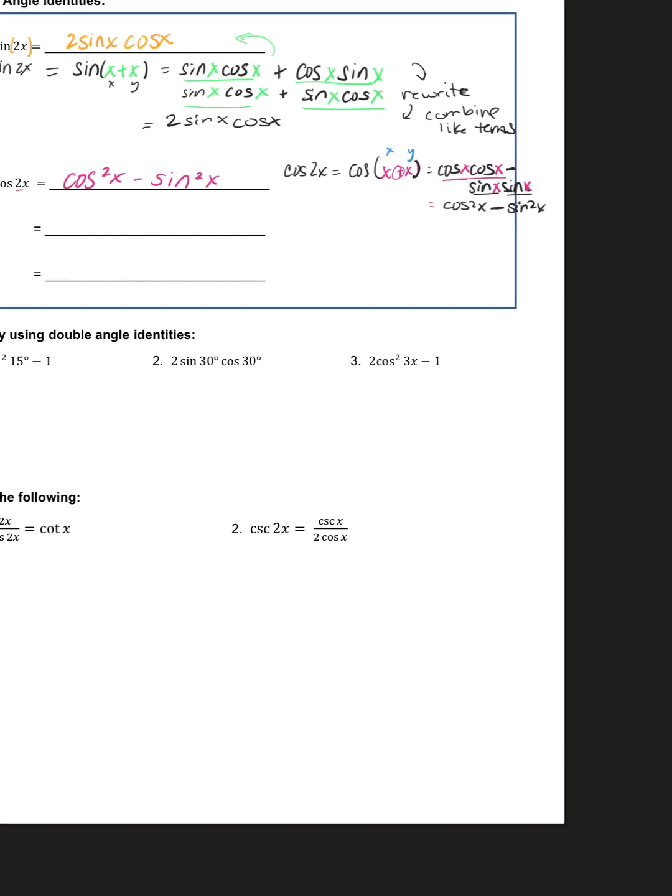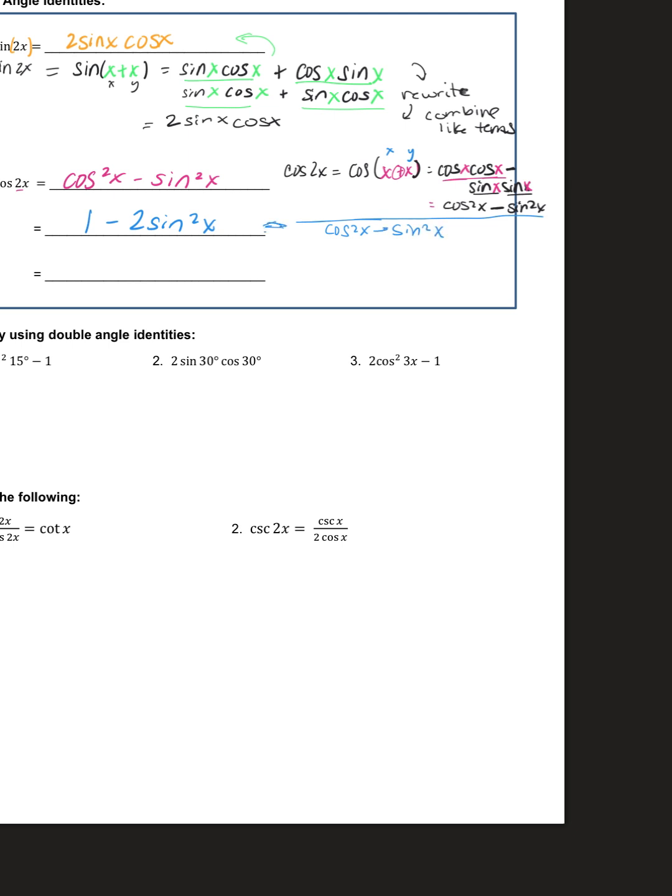Now, the next one we have is 1 minus 2 sine squared x. Okay. So I'm going to use this idea here, this cosine squared x minus sine squared x. And I want to see if I can come up with this over here.